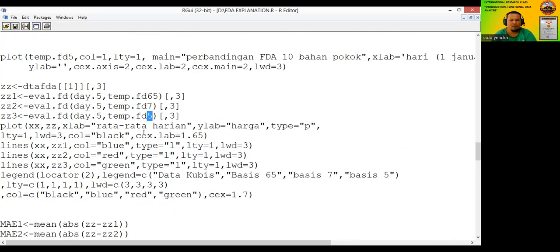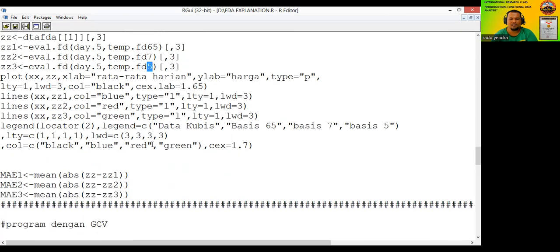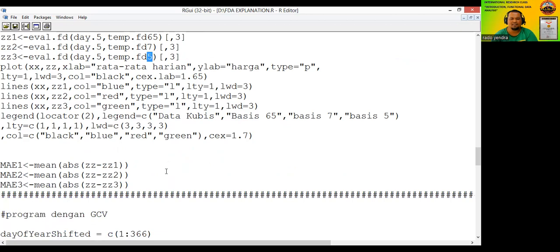After we make the comparison, you can use the mean absolute error. Mean absolute error means the real data minus the data from the Fourier series, that we know as ZZ1, from the Fourier series with 65 basis. We call that MAE1.